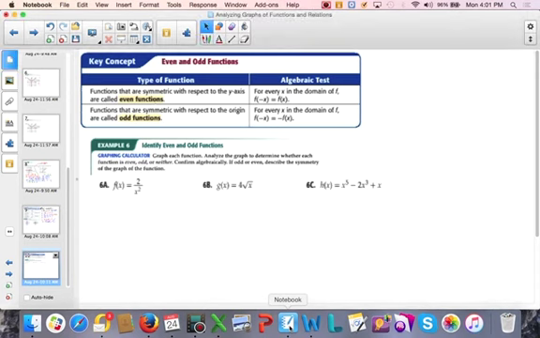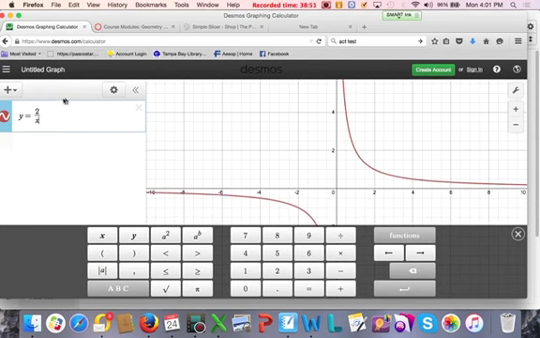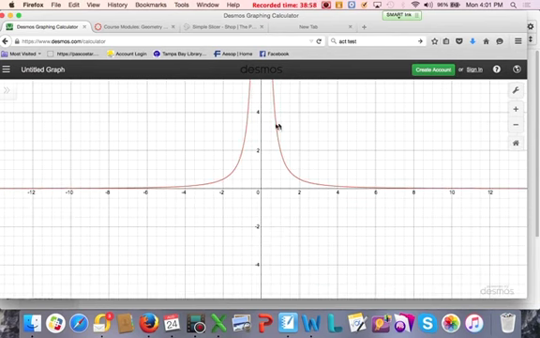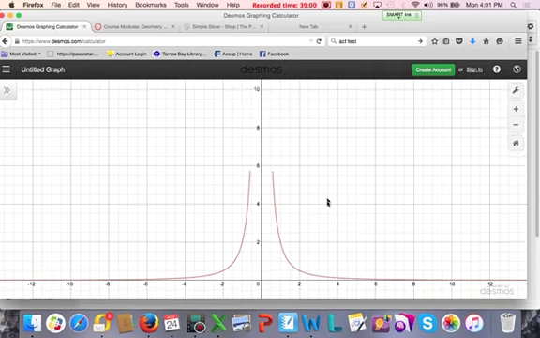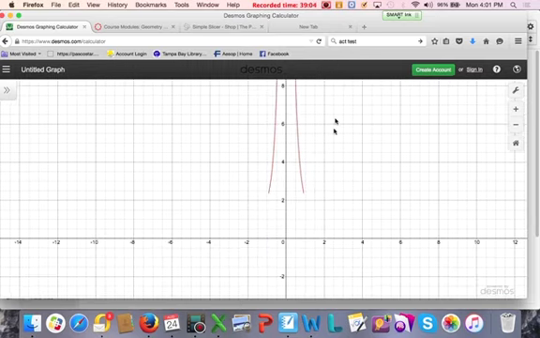So the first graph that they wanted us to look at was 2 over x squared. And looking at this graph, I would hope that you would notice that it looks like it's symmetrical over the y-axis.